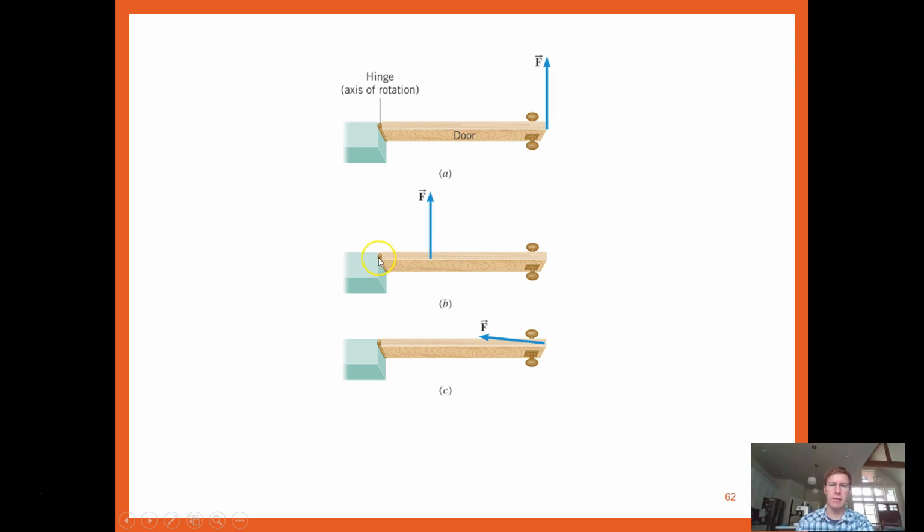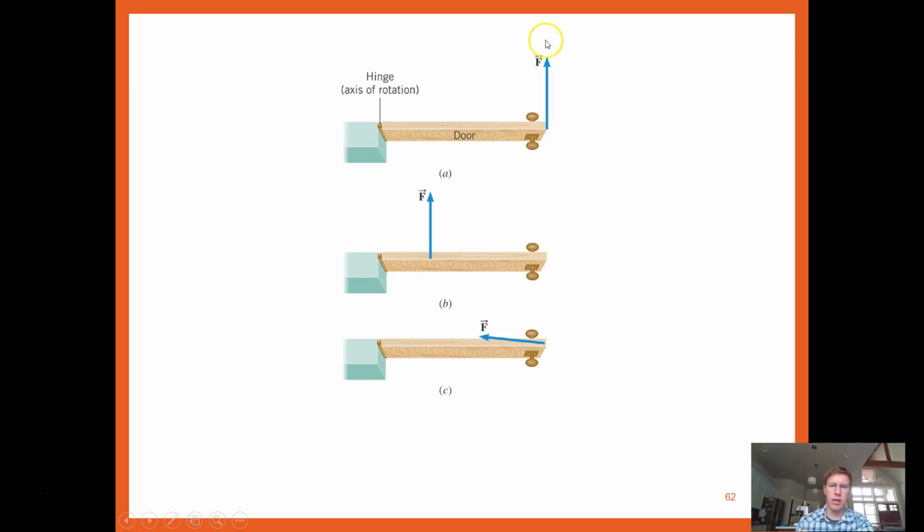You do not have a large amount of leverage, and so therefore it's not going to rotate or angularly accelerate as fast. And if for some strange reason you started pushing inwards towards the hinge, a force along the axis of the door, in that case then you're probably not going to cause the door to rotate at all.